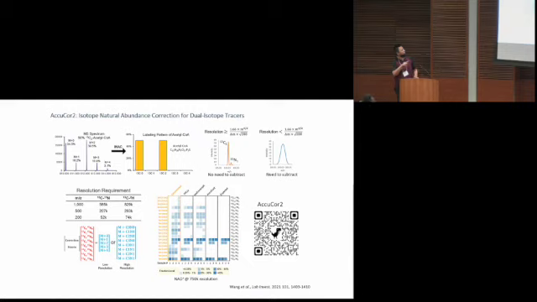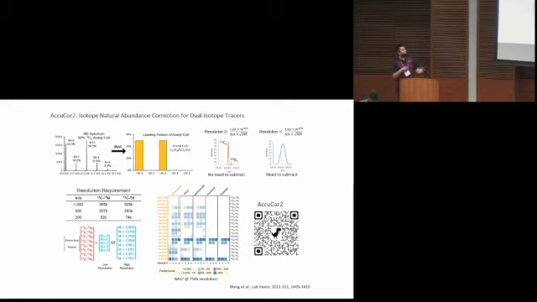The reason you see these species is because, remember, the stable isotopes are naturally present, right? There is about a 1% chance of carbon-13 and a 0.2% chance of oxygen-18.